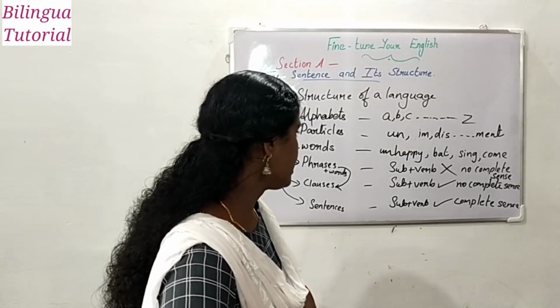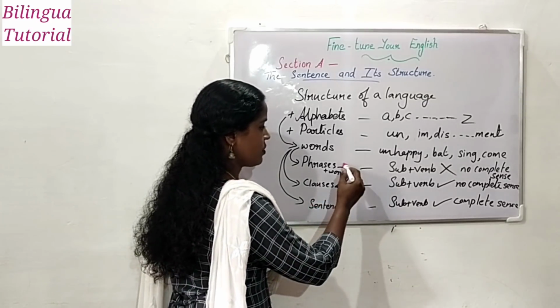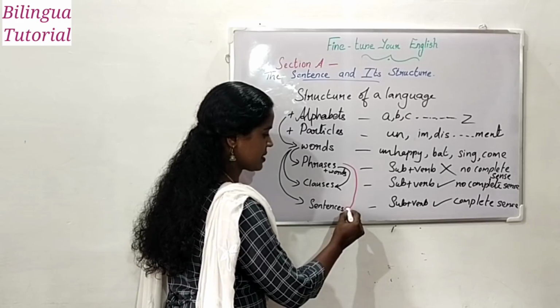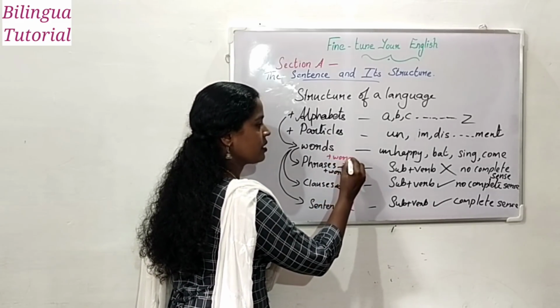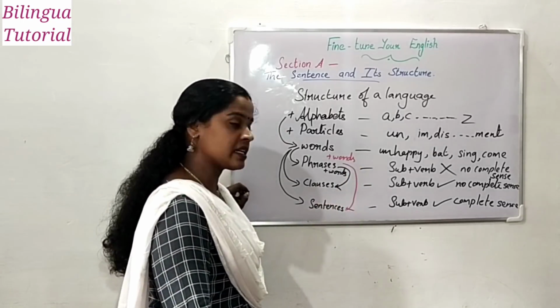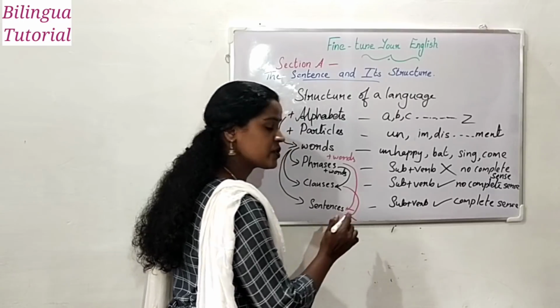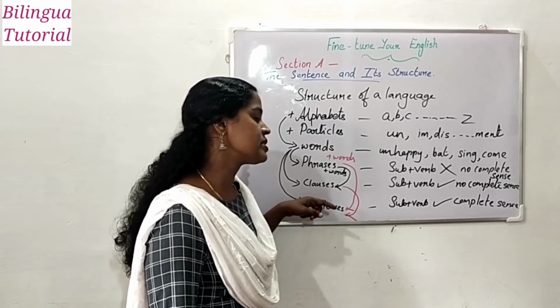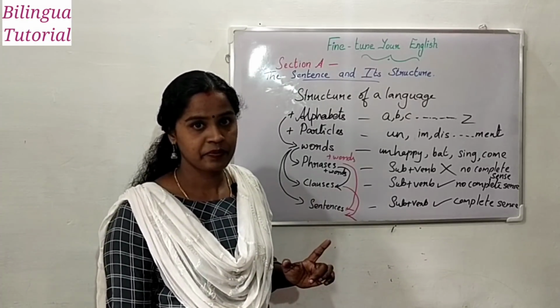Then we can make sentences from phrases, because phrases plus words will get clauses as well as sentences. We can make sentences from clauses too, because clauses plus some words will get sentences.